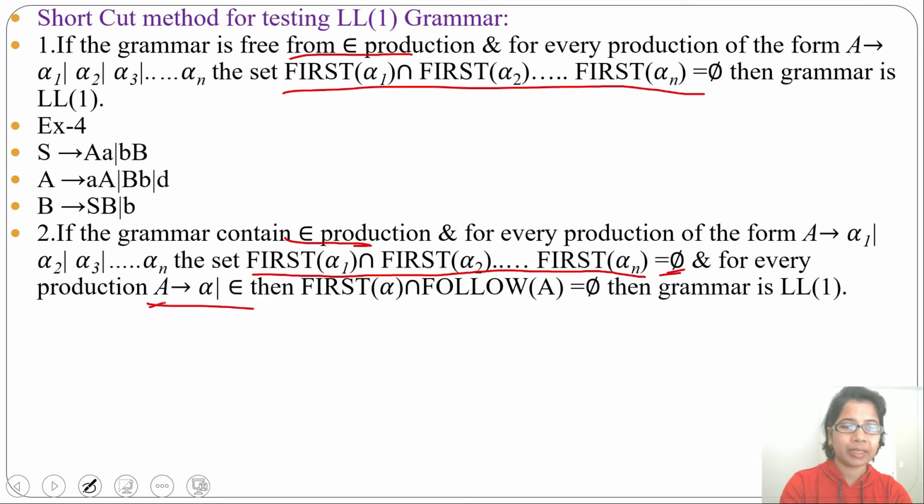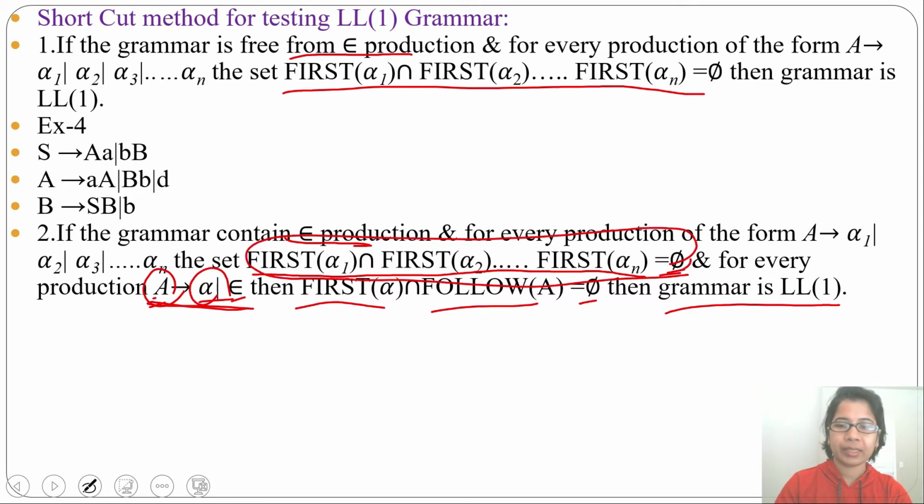If a grammar is in this format, A derives alpha or epsilon, then first of alpha intersection follow of A equal to phi, then the grammar is LL1. You need to check two things. First of all the right sides. If they are disjoint, then check first of this intersection follow of LHS. If this is also disjoint, then the grammar is LL1.